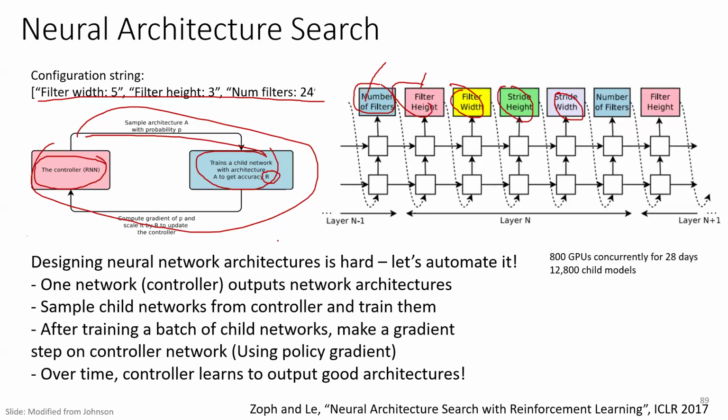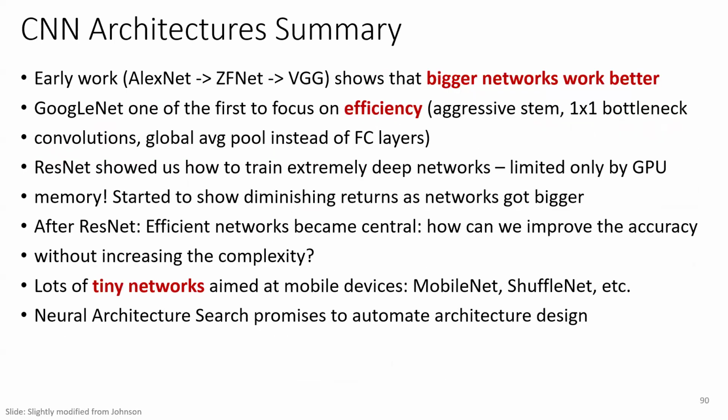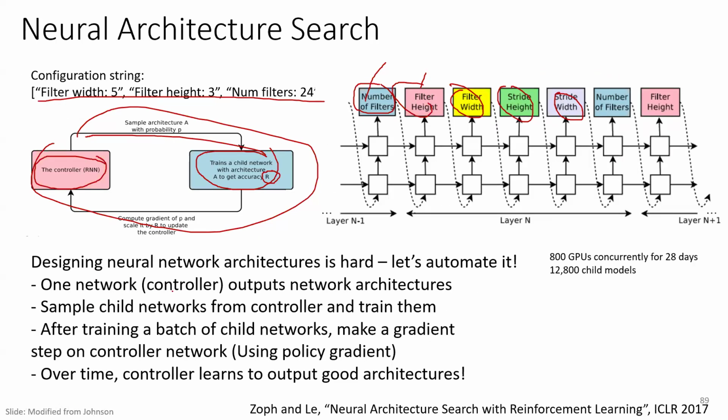So designing neural network architecture is hard. Let's automate it. That was what they wanted to do. One network, the controller, outputs the network architectures; sample child networks from the controller and train them. After training a batch of child networks, make a gradient step on the controller using policy gradient. Now this I cannot explain now. Over time, the controller learns to output good architectures.